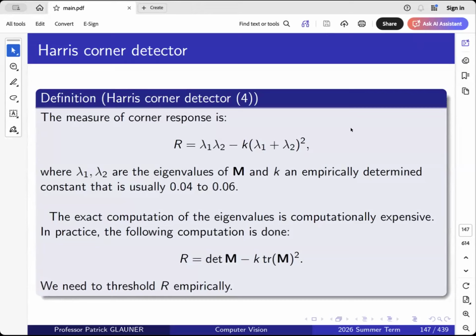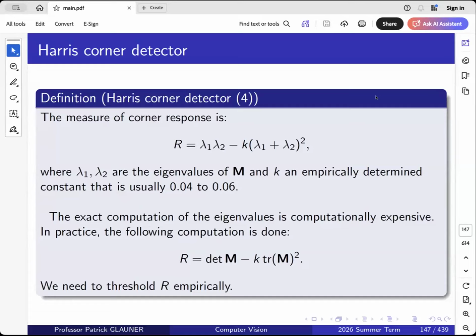And then we assume the window gets moved by a small distance UV. So for every area in the image, we calculate a corner response. And so we would have eventually per pixel, ideally, or for different areas in the image, a corner response R. And now the question is, how big does the corner response need to be so we actually have a corner there?